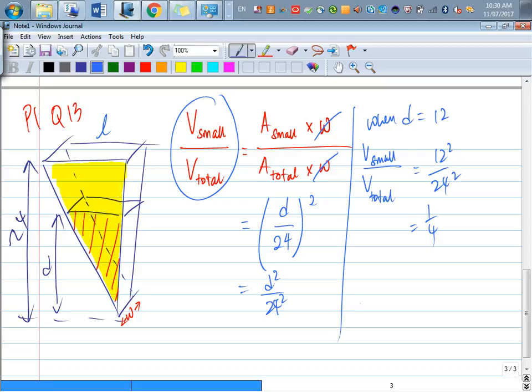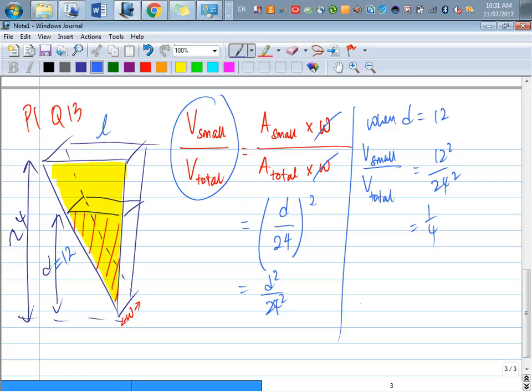Can follow so far? So now, we know that the volume of the water inside when d is equal to 12 is actually 1/4 of the volume of the whole container. Okay?